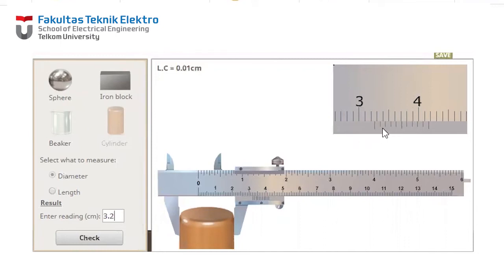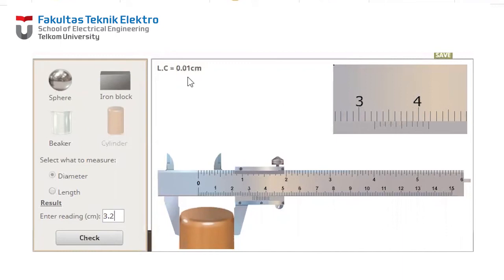We look again on the nonius scale to find out the parallel line between the main and the nonius scale again. As we can see here, the most parallel one is on the number 6, right?